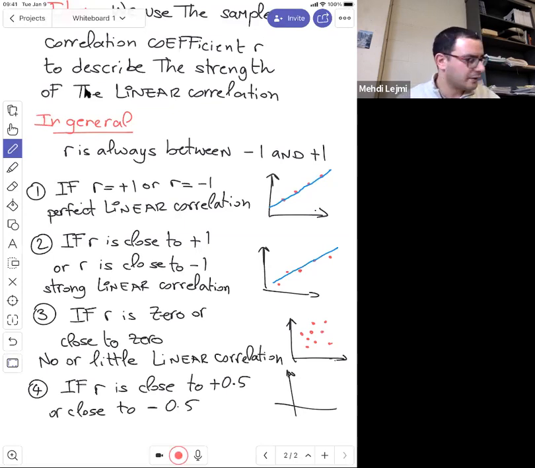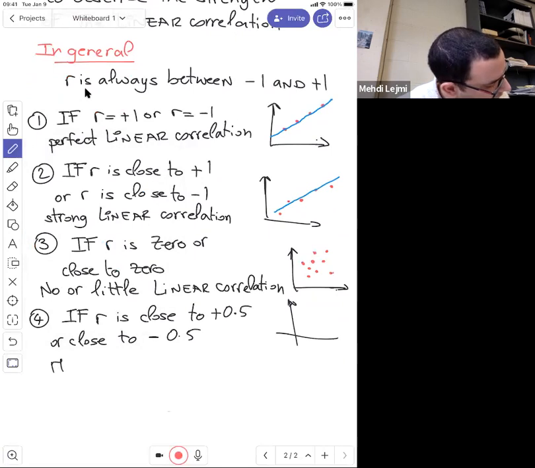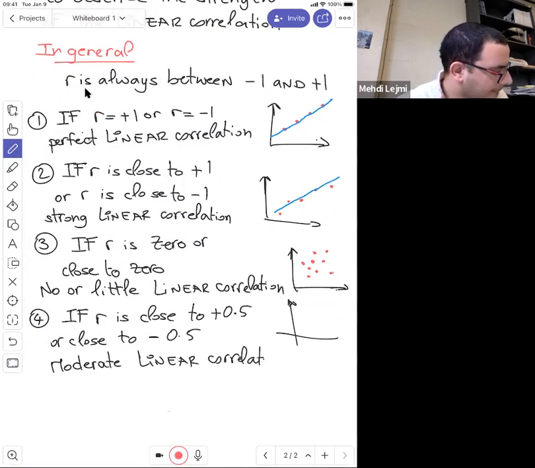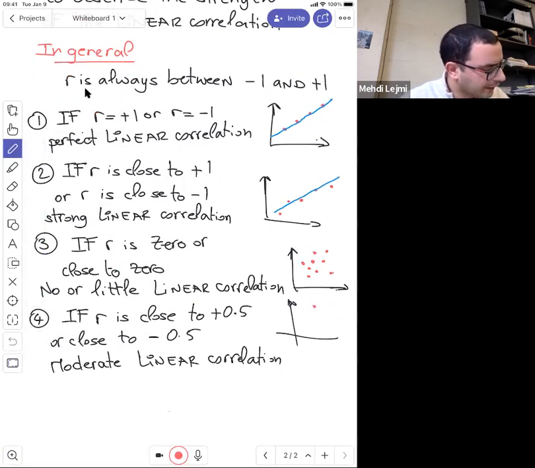It's moderate. So we have a moderate linear correlation. We have something like this here.